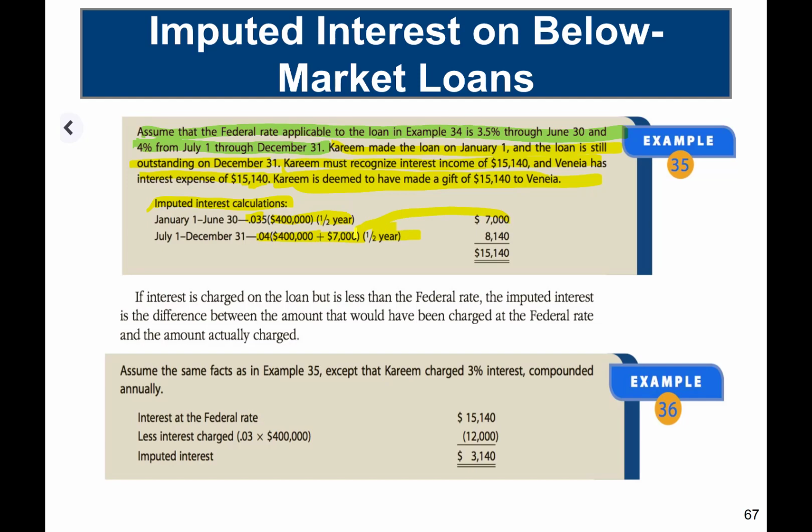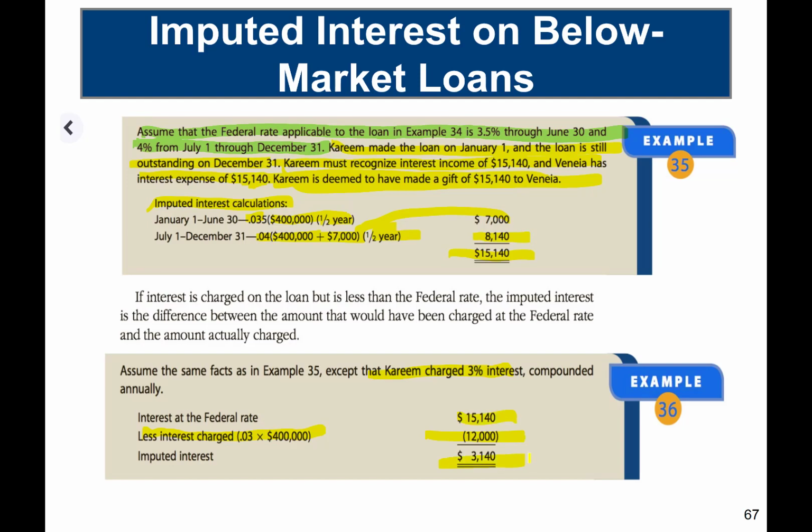We actually take the interest from the first part of the year and add that to the principal amount to calculate the interest for the second half of the year, and we do it in 6-month increments here, and so we've got this $15,140. Now, if the father had charged 3% interest for the entire year, it would have been $12,000.